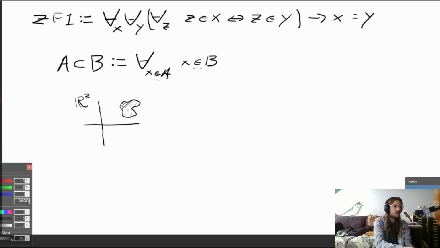And we can call this squibble A. And A is a subset of R2, because it's just a little two-dimensional blob in the plane, for instance. So that could be a subset. This one has infinite elements, of course, because there's infinite numbers in this little blob.